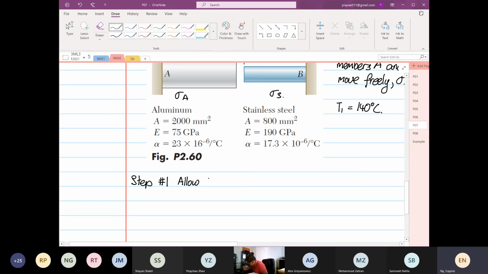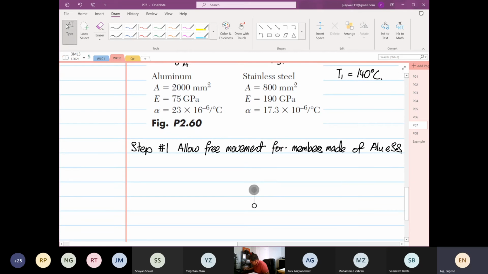Allow free movement for members made of aluminum and stainless steel. Okay, we allow them to move. So now we're going to calculate.